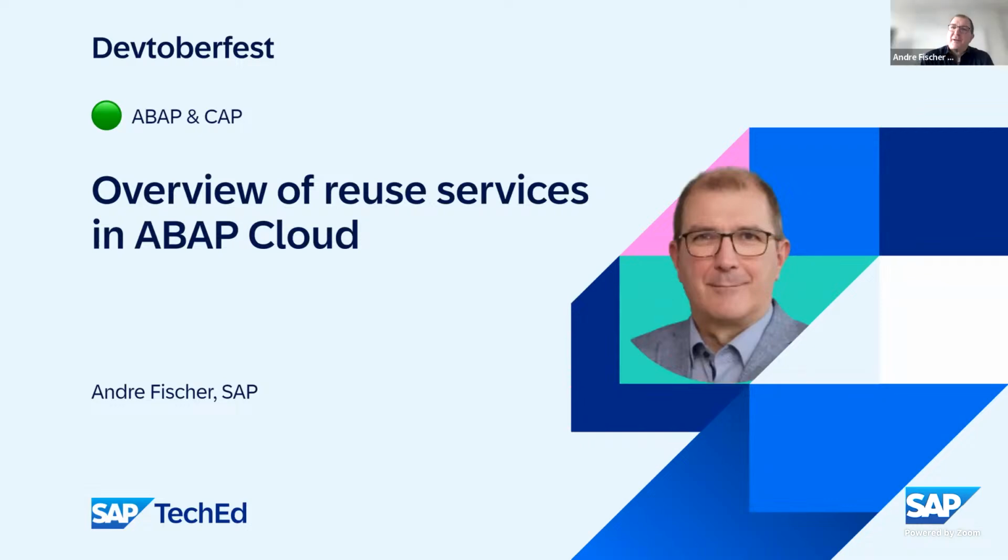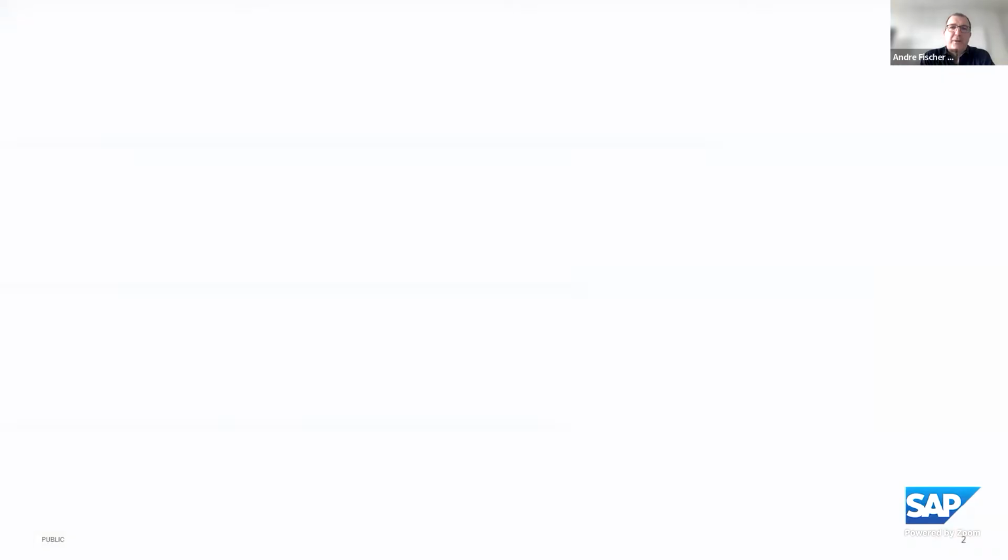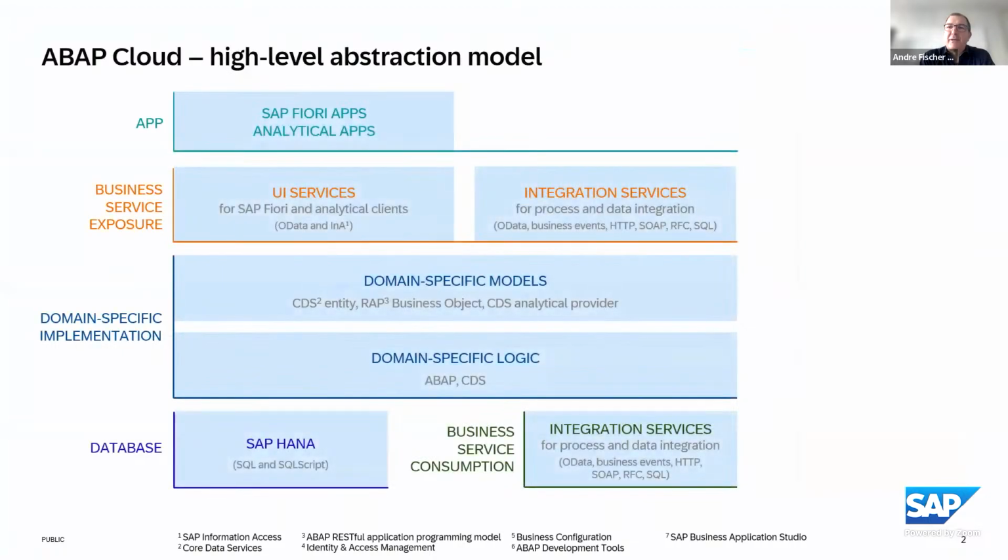Yeah, thank you, Shilpa. And welcome everybody here to today's session that's about the reuse services that we have in ABAP Cloud. So let's start with these. Okay, first of all, make this smaller. The ABAP Cloud overview.